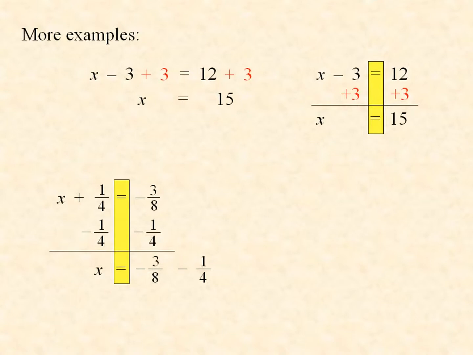We have negative 3/8 plus negative 1/4, written here as subtraction. We have to rename the 1/4 and make it into eighths. It's 2/8. So we have negative 3/8 plus negative 2/8. And two negatives add to a bigger negative. That's negative 5/8. So x is negative 5/8.